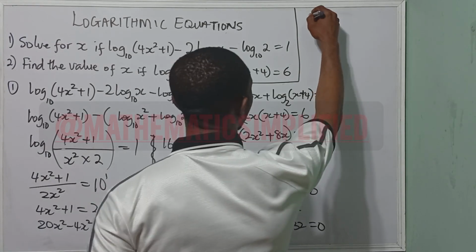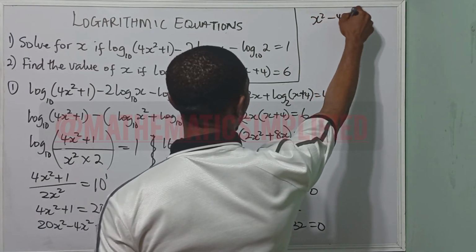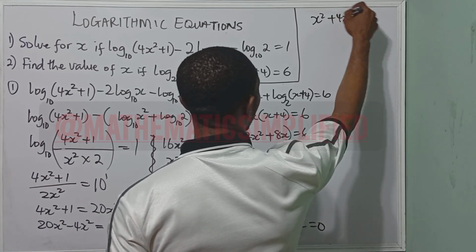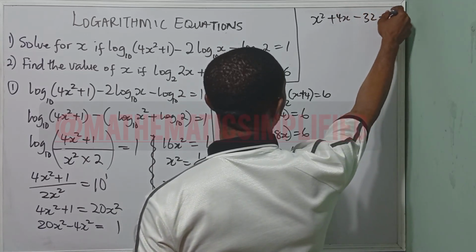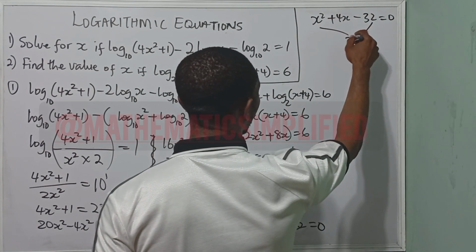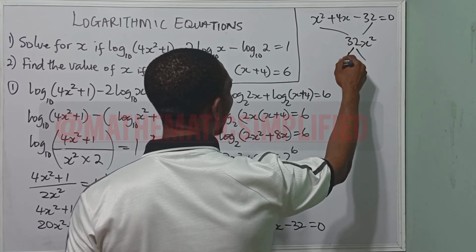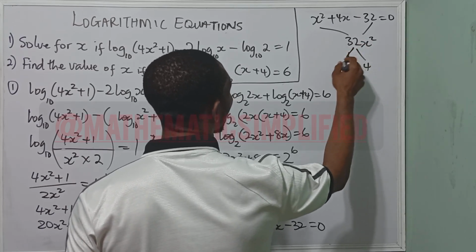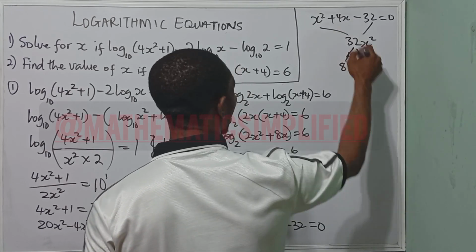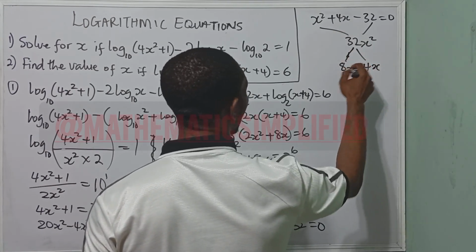Factors of 32 will be 8 and 4, so this will become positive 8x and minus 4x.